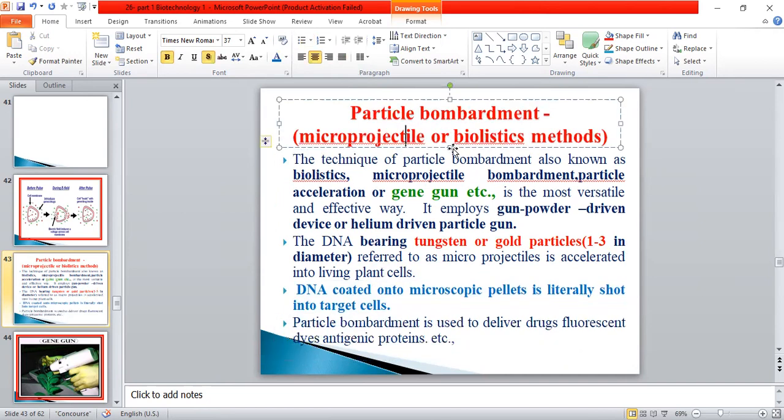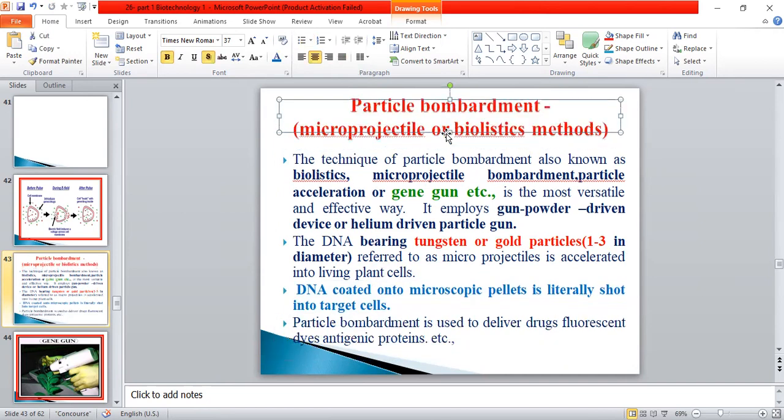So once again, I repeat for you. This is very, very important, my dear students. The particle bombardment, microprojectile, biolistic method. The technique of particle bombardment, also known as biolistic, microprojectile bombardment, particle acceleration, or gene gun, is the most versatile and effective way. It employs a gunpowder-driven device or helium-driven particle gun.